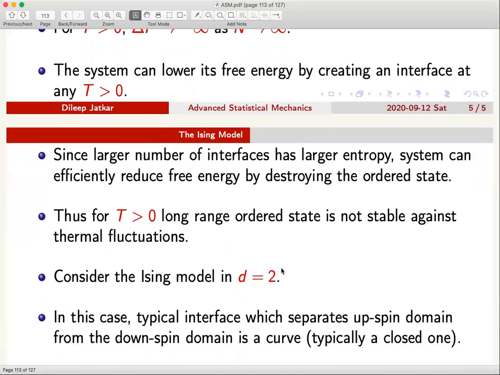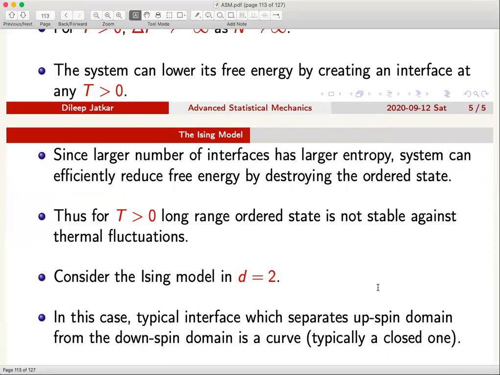So let's go over to the 2D Ising model. In the case of the 2D Ising model, if you have an interface in the two-dimensional system, then that interface typically separates, say, a domain of up spins from a domain of down spins, and is typically a closed curve.